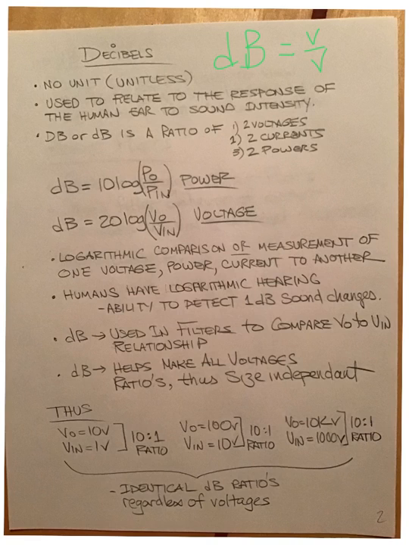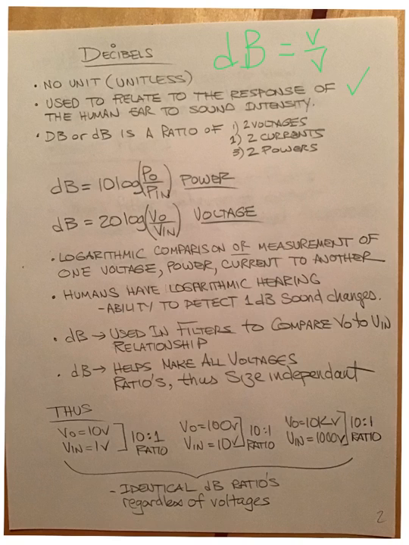So this is a ratio. This decibel will be a ratio that we take and apply to a logarithmic formula. And it's used, as it says here, to relate the response of the human ear to sound intensity.